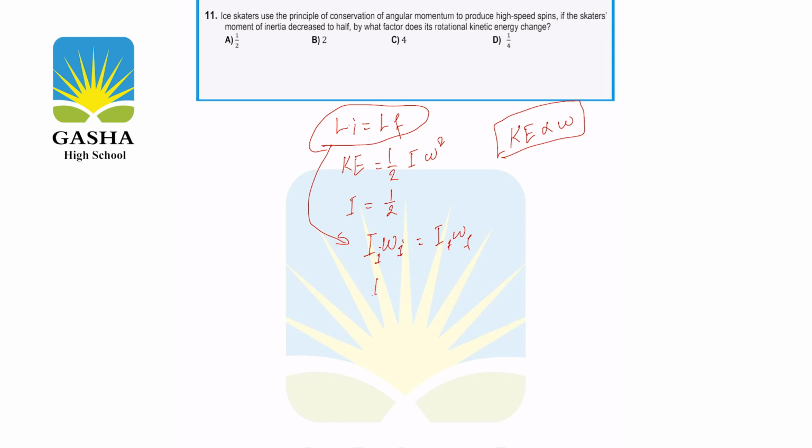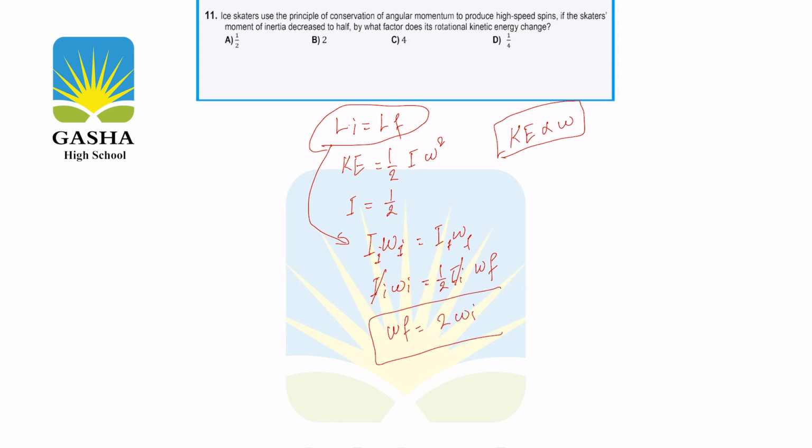The moment of inertia is decreased by half of the first one. Then we can cancel this out, and you see that omega final is twice omega initial.